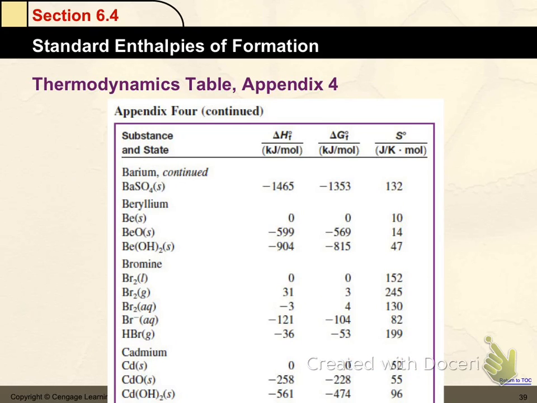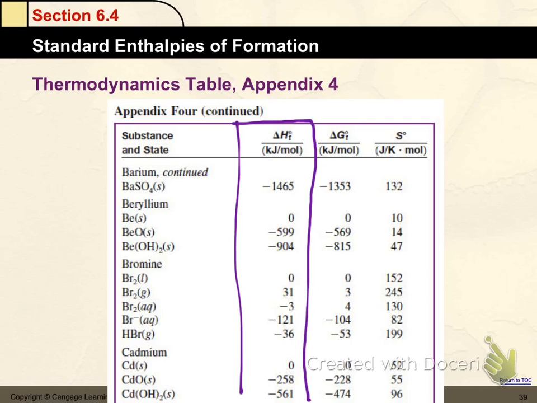Okay. Now, like I said, scientists have figured out these heats of formation. They put them in a table for us, and we actually have that table in our textbook. This is Appendix 4 in the back of your book, and it gives you the substance and state, and it gives you a bunch of different numbers in this appendix, and for this chapter, we're only focusing here. We'll hit the other 2 columns in a later chapter.